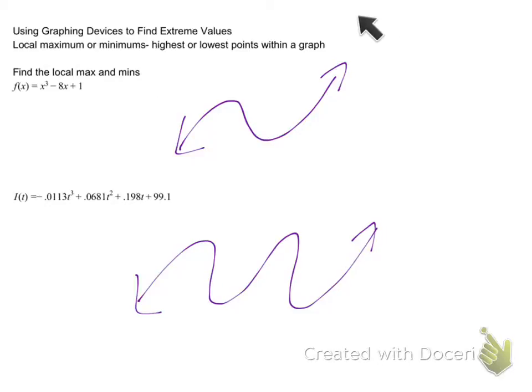So there really is no true max, right? But if I look here, this is the highest value within this part of the graph. So we call that a local max, and the one down here we call a local min. So let's state that: we have a local max and a local min.